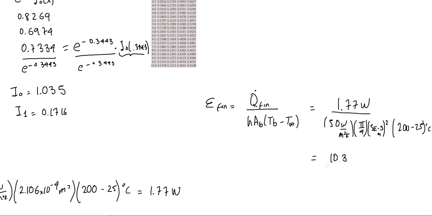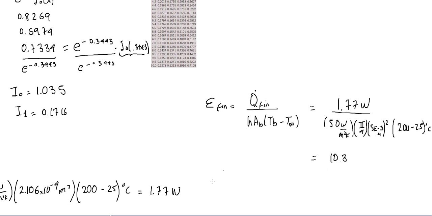Okay, so let's recall the difference between effectiveness and efficiency. Effectiveness tells us whether or not we should add the fin into the system. We want a number at least 2 or greater. So the fact that we have a 10 tells us that this behaves at least 10 times better than if we didn't have the fin.